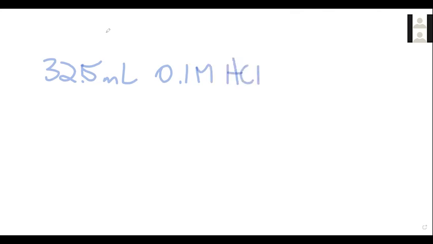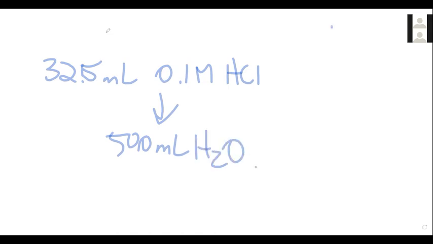Let's do a couple of examples. If I have 32.5 mL of a 0.1 molar HCl, and I add that to 500 mL of water, what will be the pH?